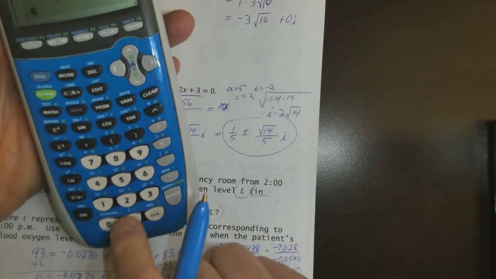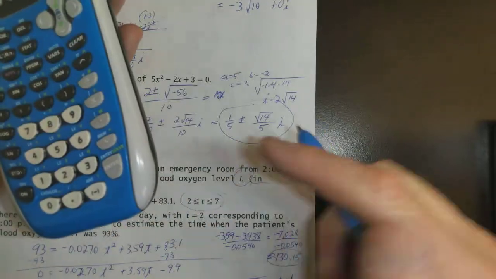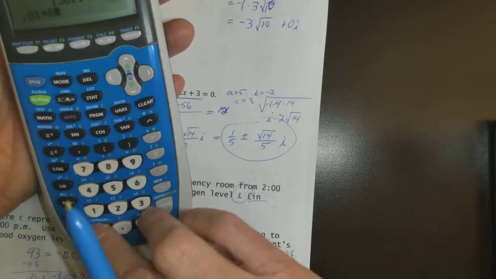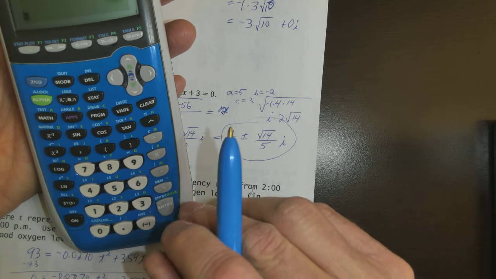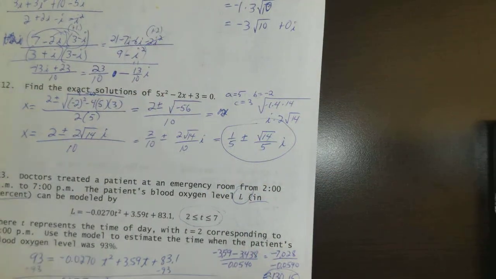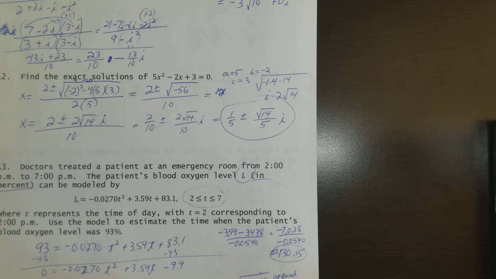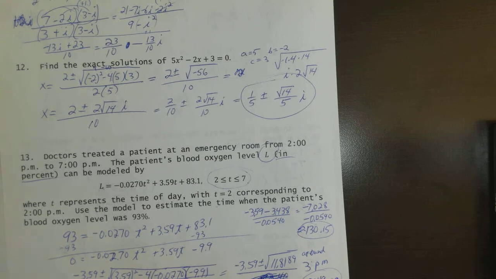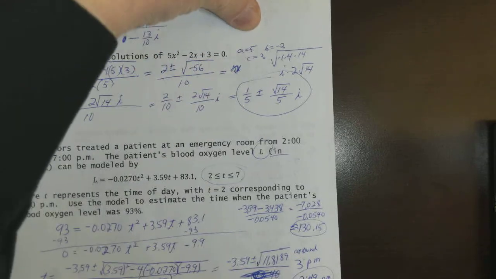If I take the 0.81 and multiply that by 60 minutes per hour, that's 48.6, which is around 2:48 or 2:49 p.m. That is a little more precise. I just took the fraction part, multiplied it by 60, and got 49 minutes after 2 o'clock.